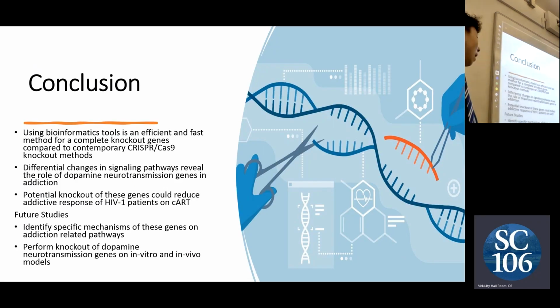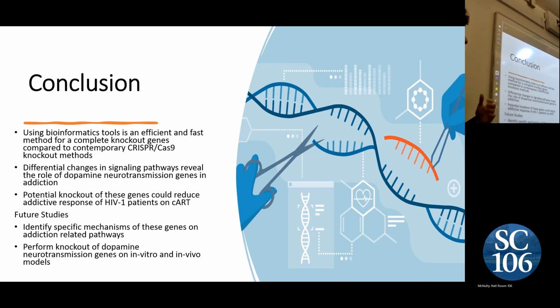So in conclusion, using a bioinformatics tool is an efficient and fast method for complete knockout compared to the contemporary CRISPR-Cas9 method. I also found that differential changes in signaling pathways reveal that dopamine neurotransmission plays an important role in regulating signaling pathways relating to addiction.